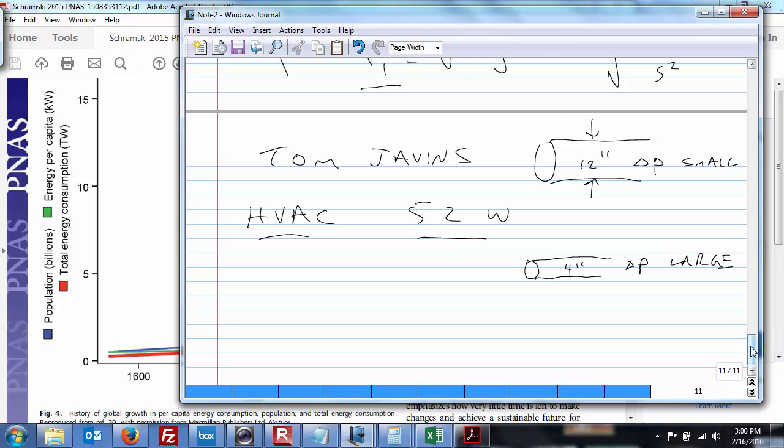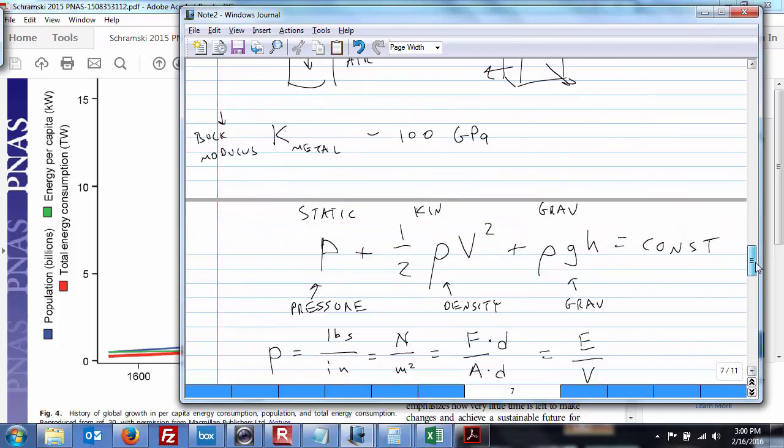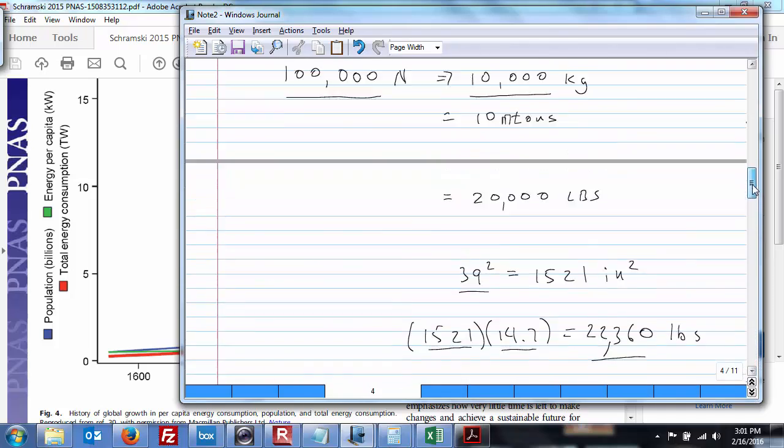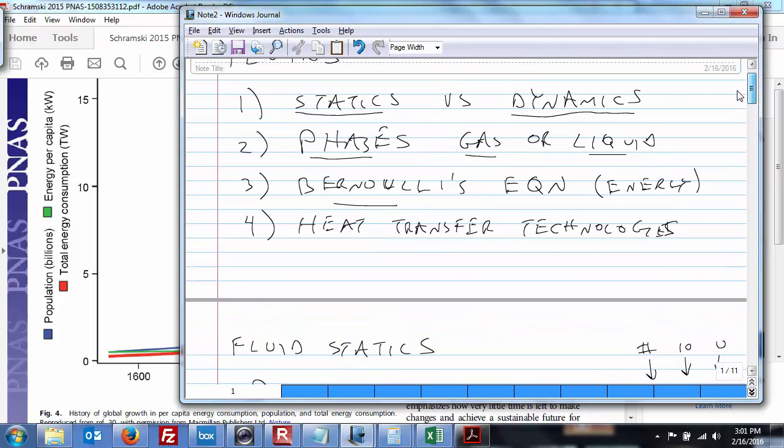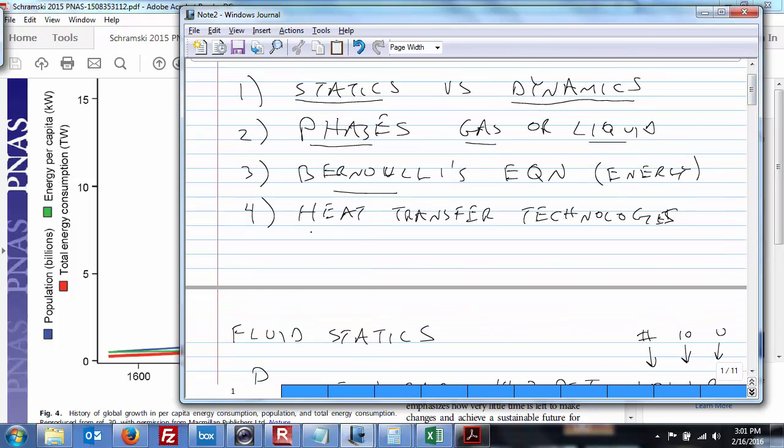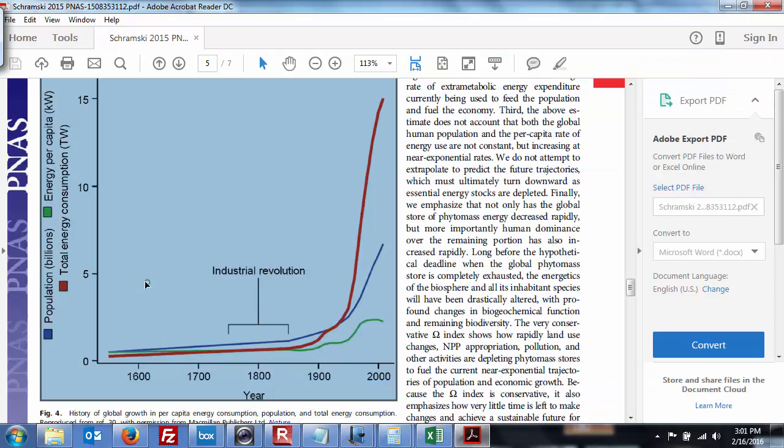Okay. Another one, and since we're sitting here right now, I'm going to jump just a little bit ahead and give you one more problem to think about, because I do want to look at this fourth topic, heat transfer technologies. So let's hop back to Shramsky just for a second.